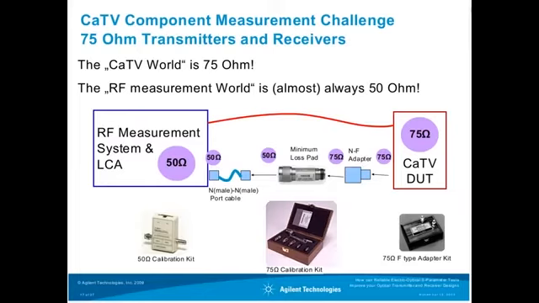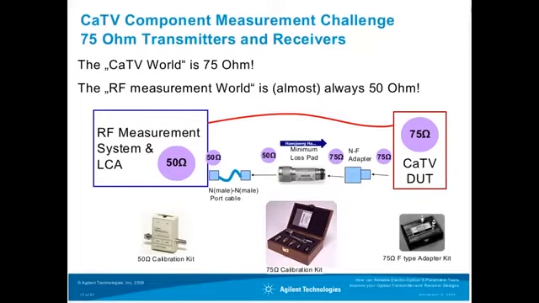And now you have to mate these two worlds, and it's important that you make this mating correct, so that you do not have an impact of this adapter on the measurement results of your device under test. Typically, what you can use is a so-called minimum loss pad, which is a fairly good adapter between the 50 ohm world and the 75 ohm world.